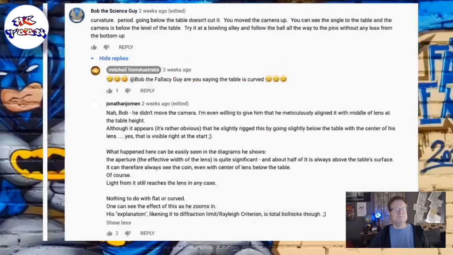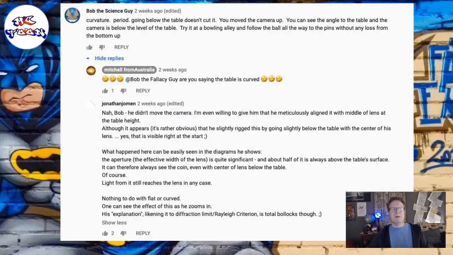And here's Bob the Science Guy, and Jonathan Joman has a fantastic description. What happened here can be easily seen in the diagram that Mitchell does, and later in his video has a diagram. The aperture, which is the size of what lets light in the front of a camera lens, is quite significant.